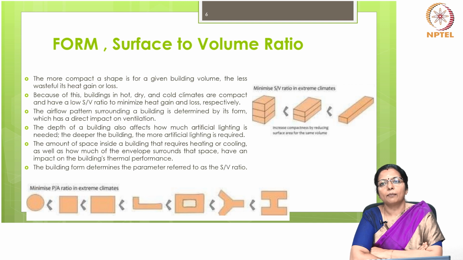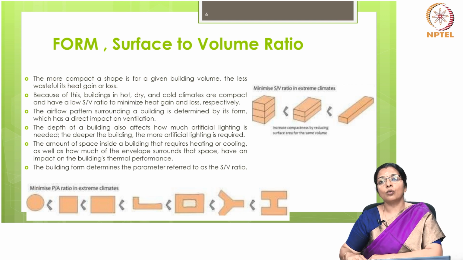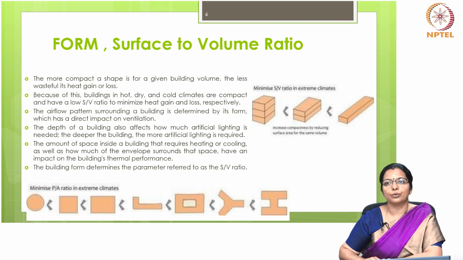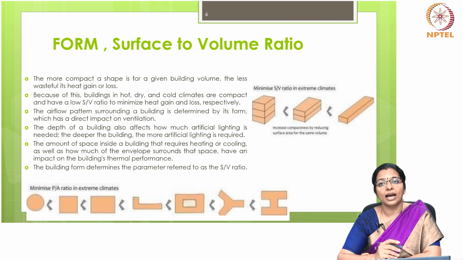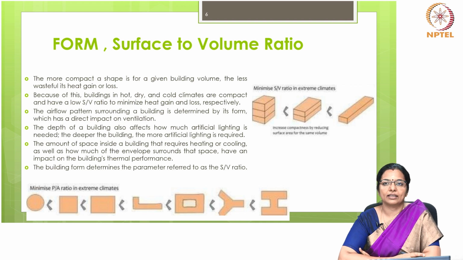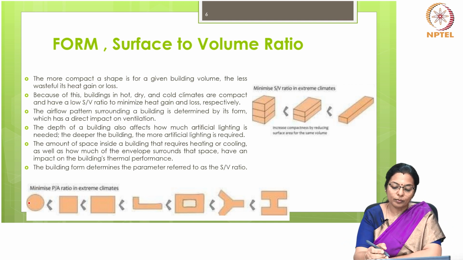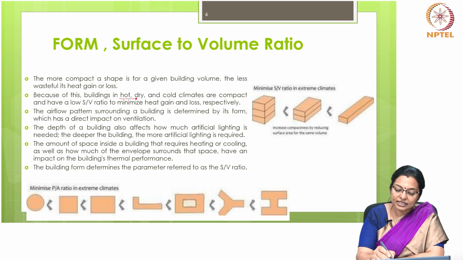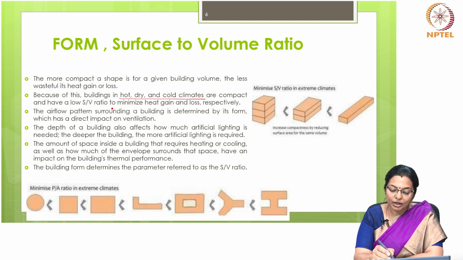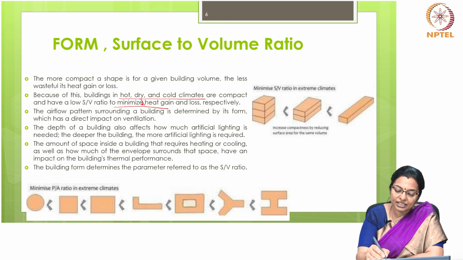Because of this, buildings in hot, dry and cold climates are compact and they have low surface to volume ratio to minimize heat gain and heat loss respectively. So, it is better that buildings in hot, dry and cold climates are compact because that will minimize heat gain in hot, dry conditions and it will minimize heat loss in cold climates.